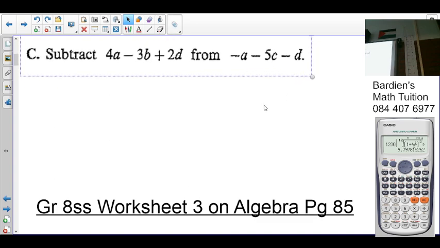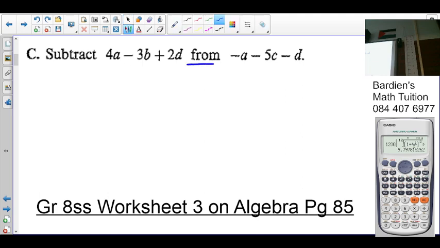People, they say subtract 4a minus 3b plus 2d from minus a minus 5c minus d. What do we do? Underline from, and whatever follows from you write first. So it's -a minus 5c minus d minus 4a minus 3b plus 2d. So what do I do now?